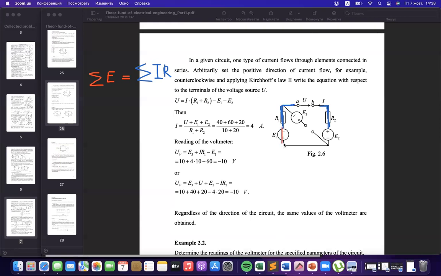We have source number 1 inside this mesh, source number 2, and the external source that is given as voltage applied between points. 3 sources, 2 consumers. That is why we should write applied voltage from the bigger point to the smaller one. If it is applied between points A and B, it means that voltage is a potential difference. It is A minus B.